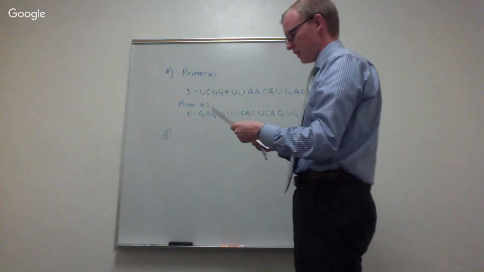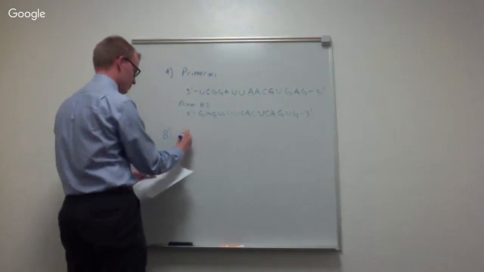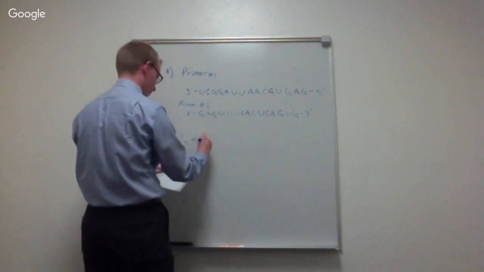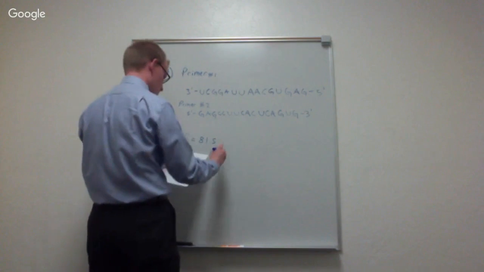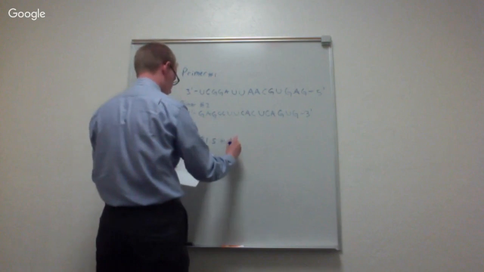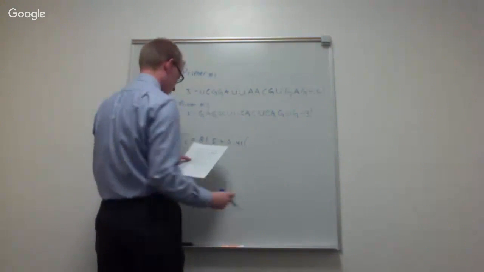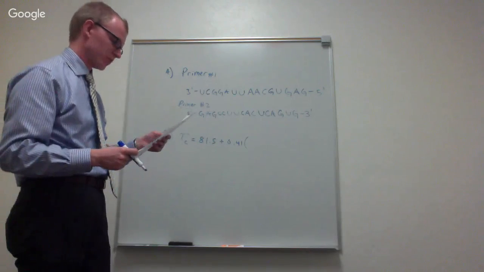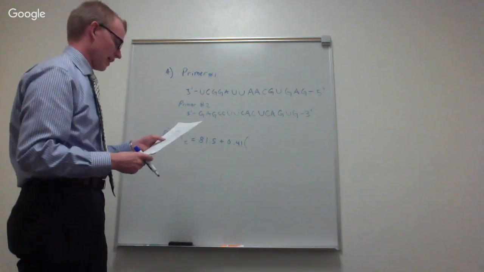Now let's do a little bit of math for question B with our equation. The temperature in Celsius is equal to 81.5 plus 0.41 times the percent GC, percent guanine-cytosine.